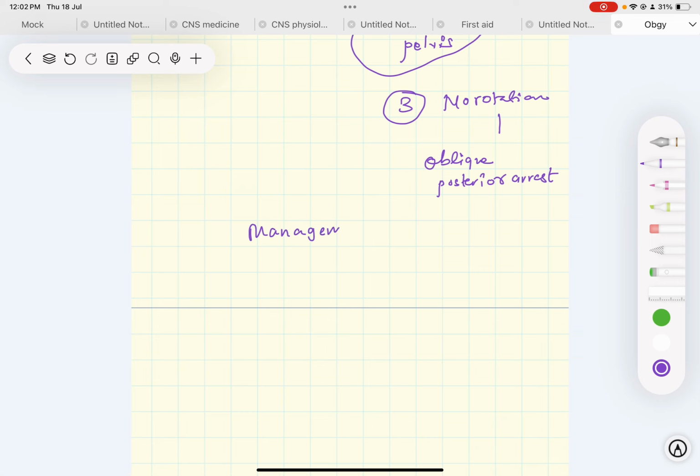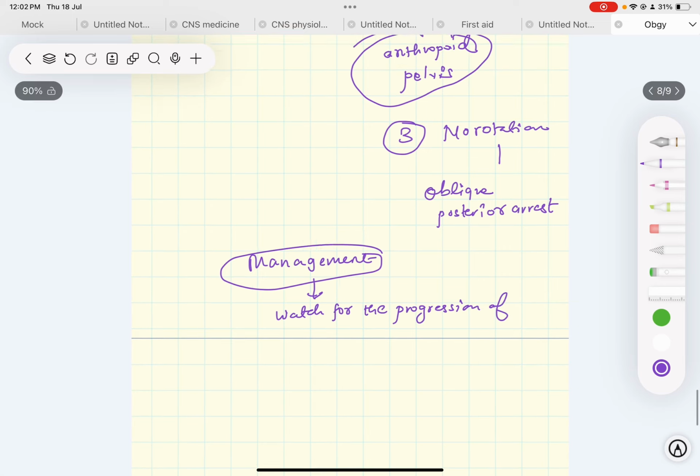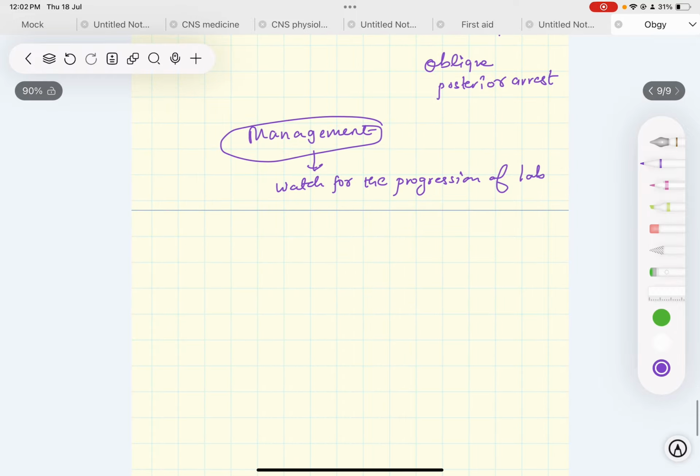What is the management? So in all malposition, we have to watch for the progression of labor, because we can't directly do a C-section or anything. If the fetus is rotating perfectly, then we have to at least give the fetus the chance to rotate and maybe become normal position, or if it is not in the normal position, at least we can still do the delivery, that is face to pubis delivery.